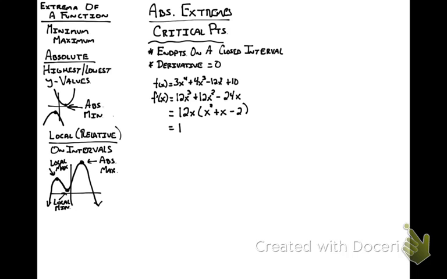And that will factor even further into 12x times x plus 2 times x minus 1. And this means that the zeros for the derivative will occur at x equals 0, x equals negative 2, and x equals positive 1. These are the three critical points.